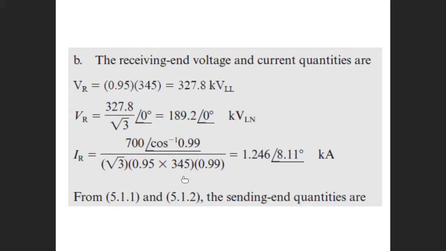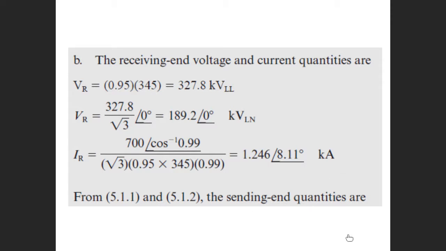This is three-phase, so we multiply by square root of 3 times V line to line to give you the phase current. So this is 1.26 kiloampere, the phase current.